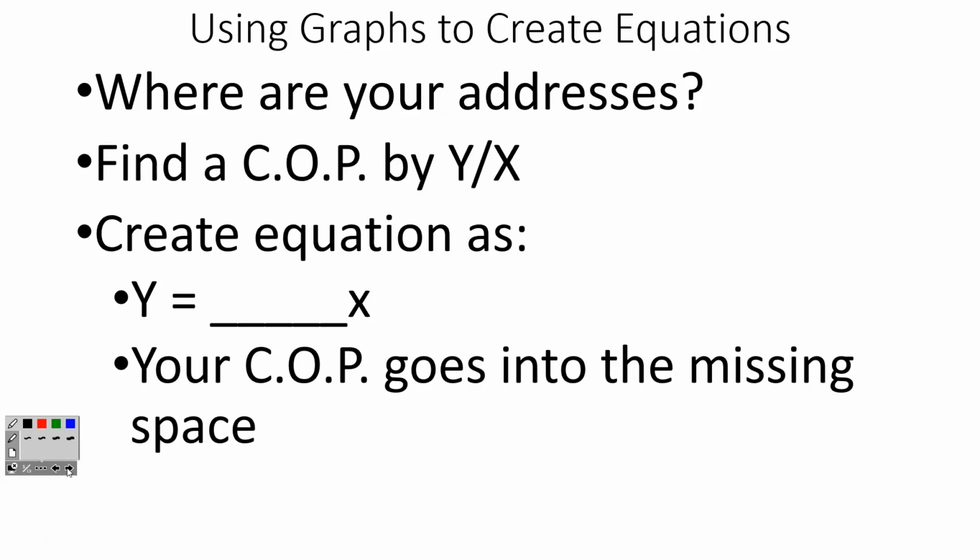Your addresses are the coordinate points. So you find a COP by doing y divided by x. You set up the equation as y equals your COP times x. And your COP goes right there.